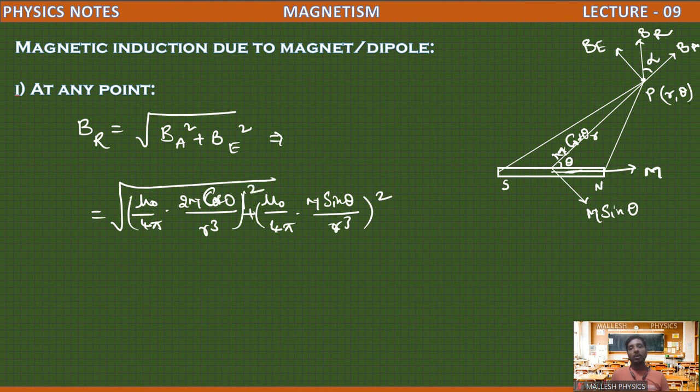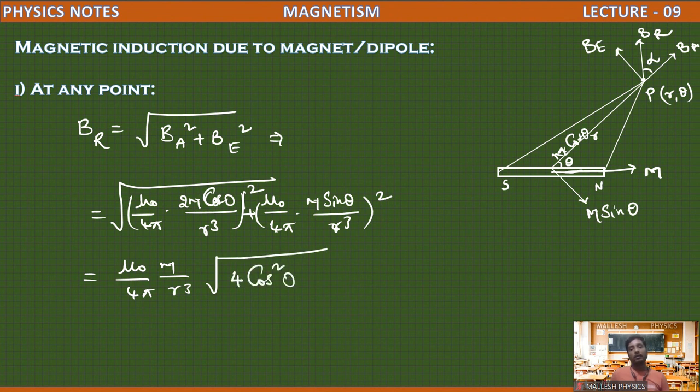Mu naught by 4 pi, M by r cube is common, so you can write it outside. Mu naught by 4 pi M by r cube times the square root of 4 cos square theta plus sin square theta. 4 cos square theta you can write as 3 cos square theta plus cos square theta, plus sin square theta.